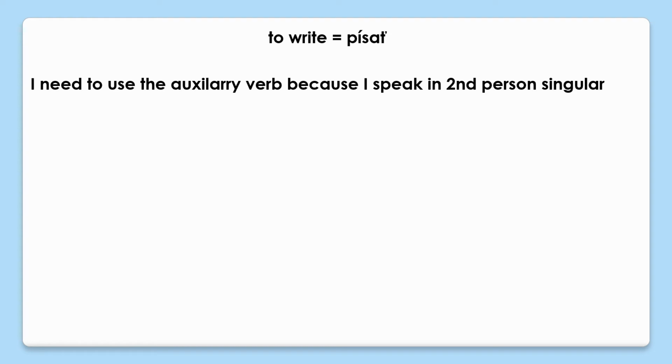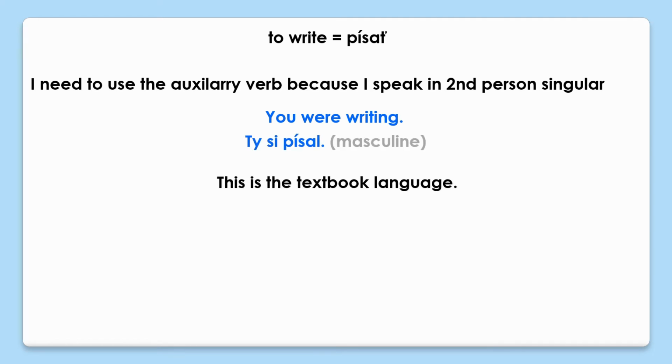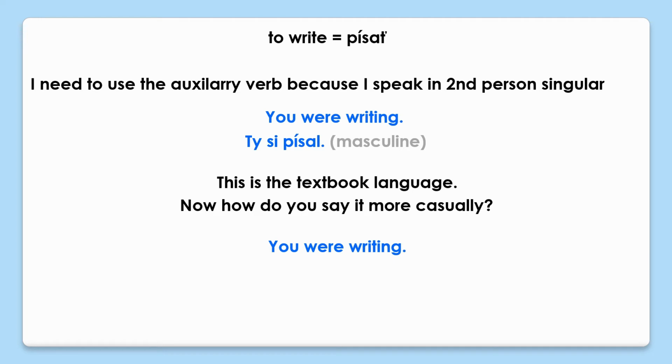So I need to use the auxiliary verb. You were writing, ty si písal, or more casually, písal si.